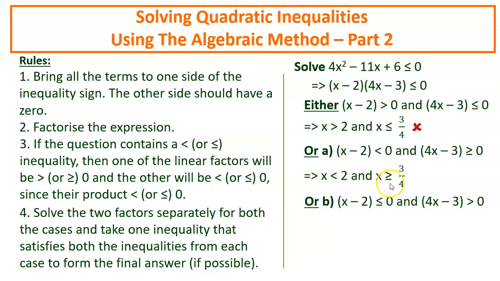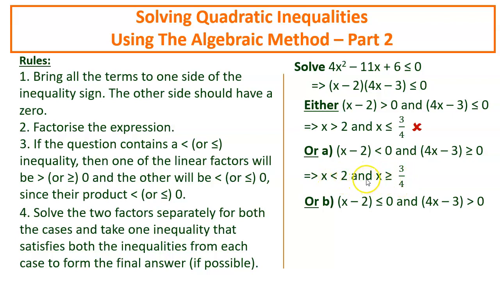Yes, of course, 3 over 4 is equal to 3 over 4 and 3 over 4 is less than 2. If we take x equals 1, 1 is greater than 3 over 4 and 1 is less than 2. So we may have some numbers which will be greater than or equal to 3 over 4 but will be less than 2.